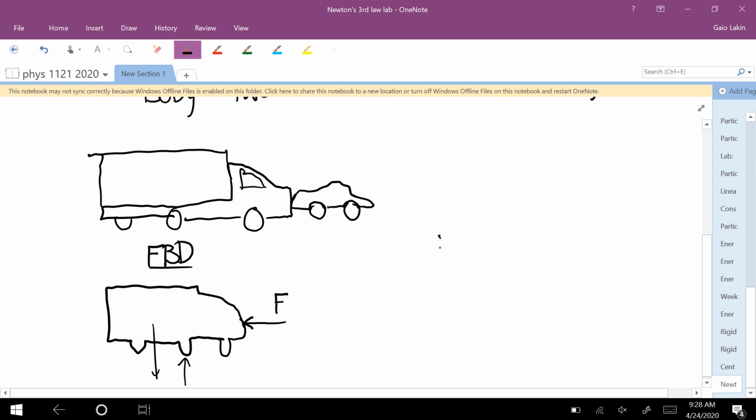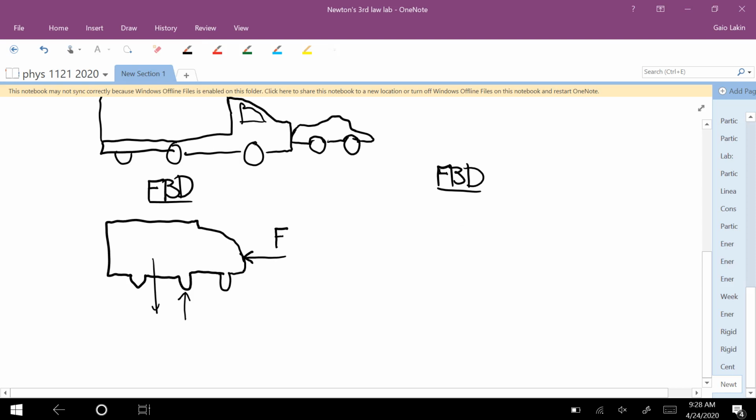And now let's go to a free body diagram of the car. What does that look like? Well, that also has a weight force, a normal force, and then there's a force here. And that force that's applied to the car by the truck is also F, just in the opposite direction.